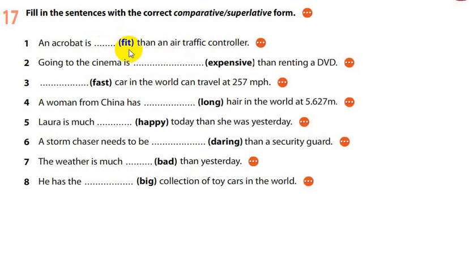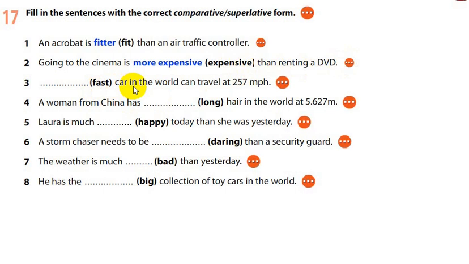Fit, a short word, so fitter, but remember to use double T, yes? Going to the cinema is more expensive than... Again comparative, but the word expensive is long, so more expensive.